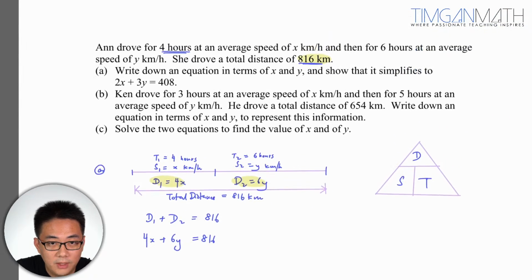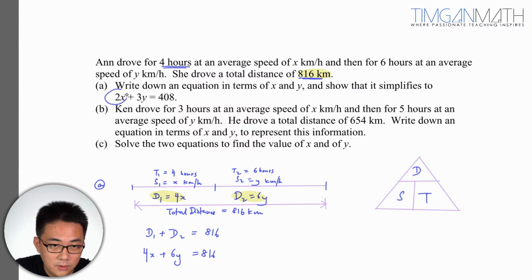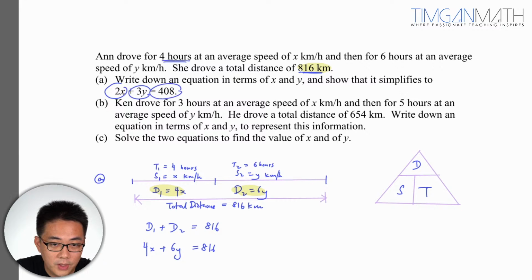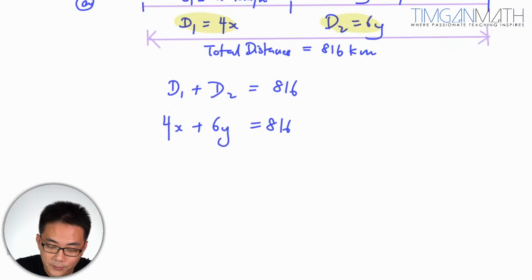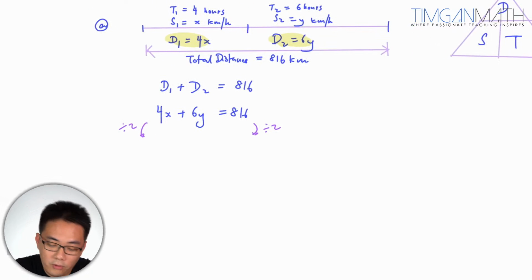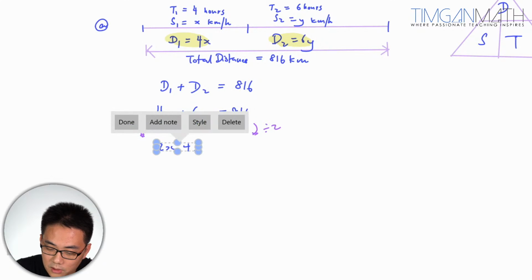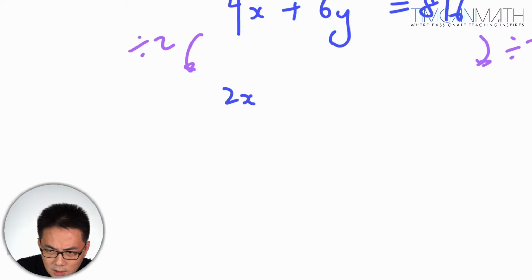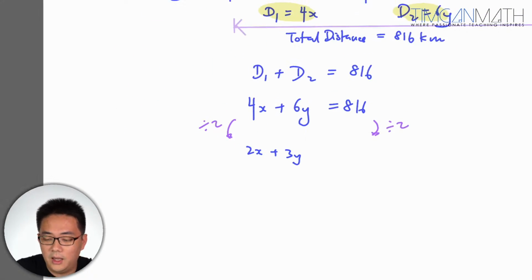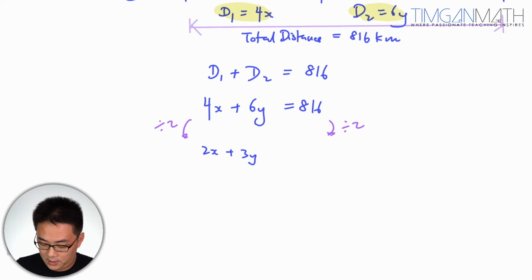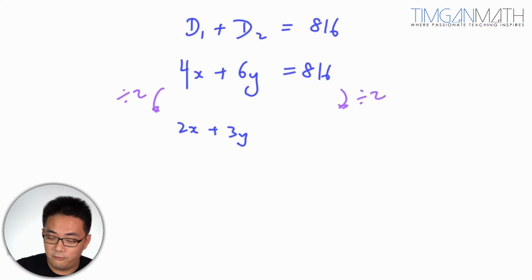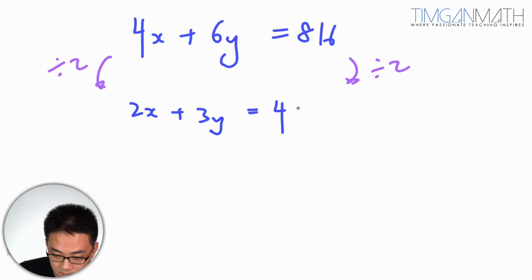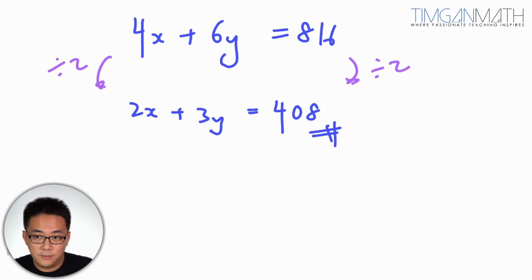They ask you to simplify to 2x plus 3y equals 408, so we just do a simple division throughout. Divide by 2: 4 divided by 2 is 2x, 6 divided by 2 is 3y, so this is 2x plus 3y, and 816 divided by 2 is 408.